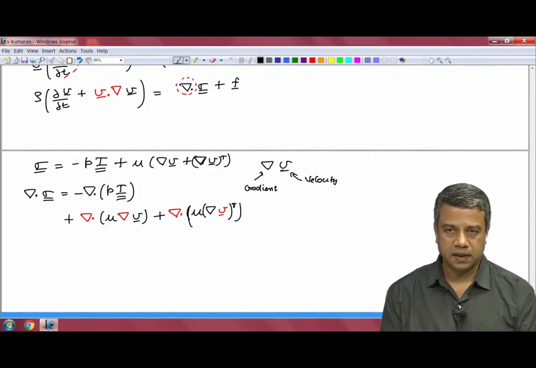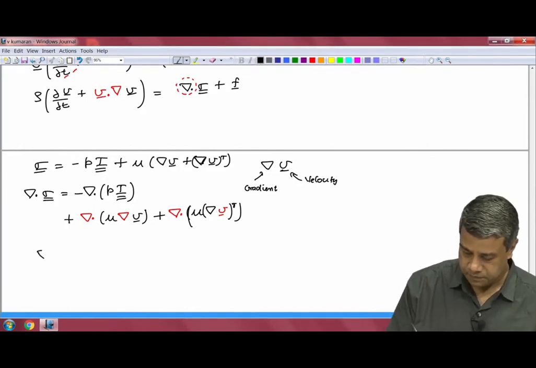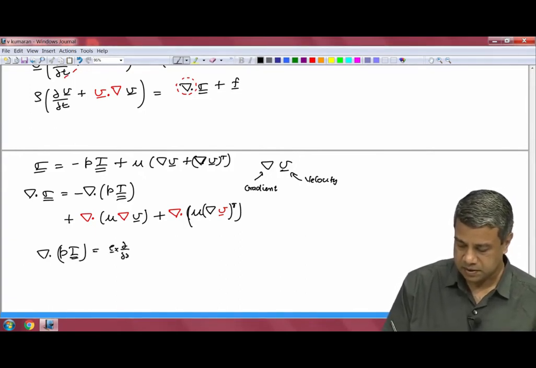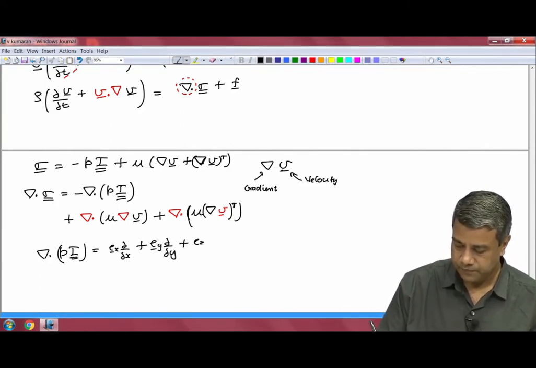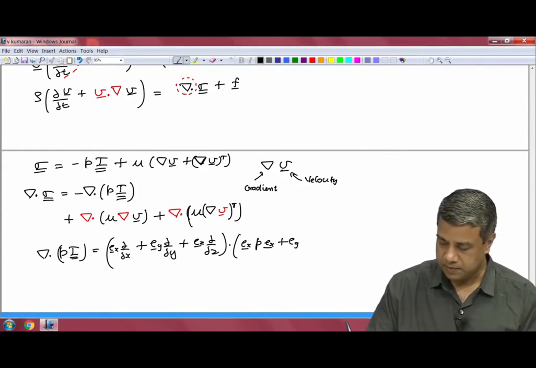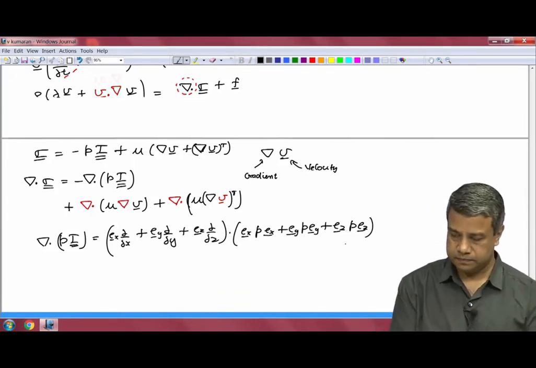The first term, the divergence of the pressure, you can simplify. It is going to be equal to Ex partial by partial x dotted with Ex p Ex plus Ey, and so on.